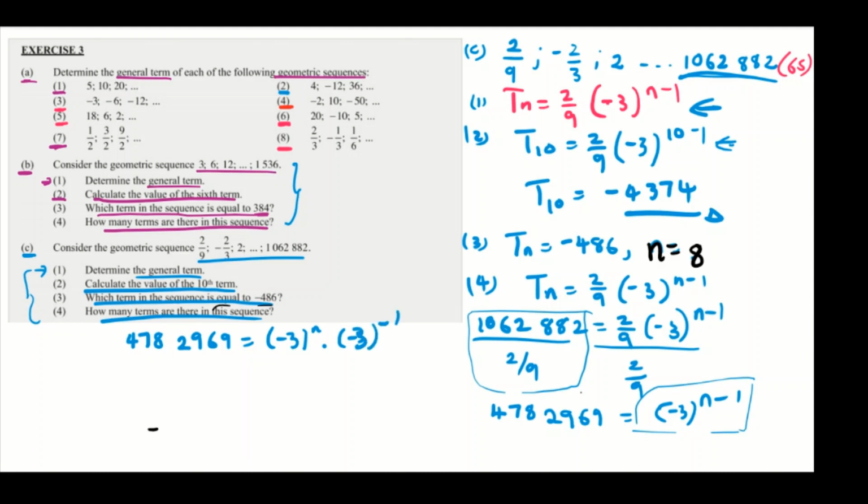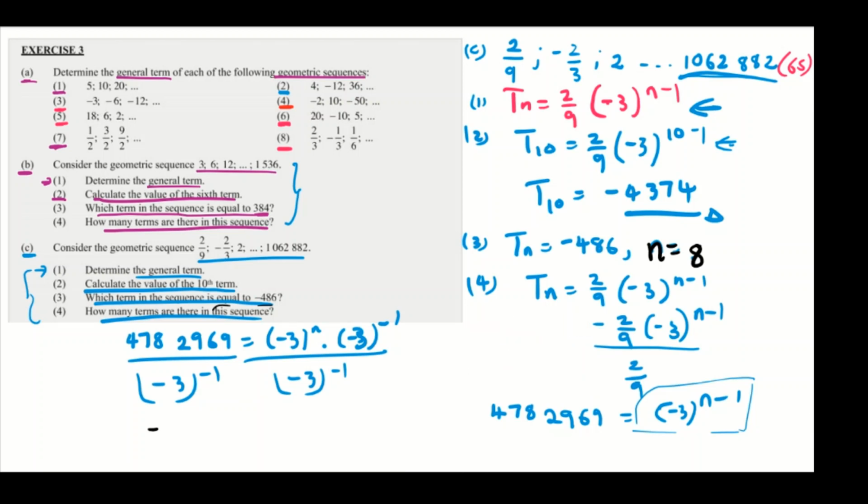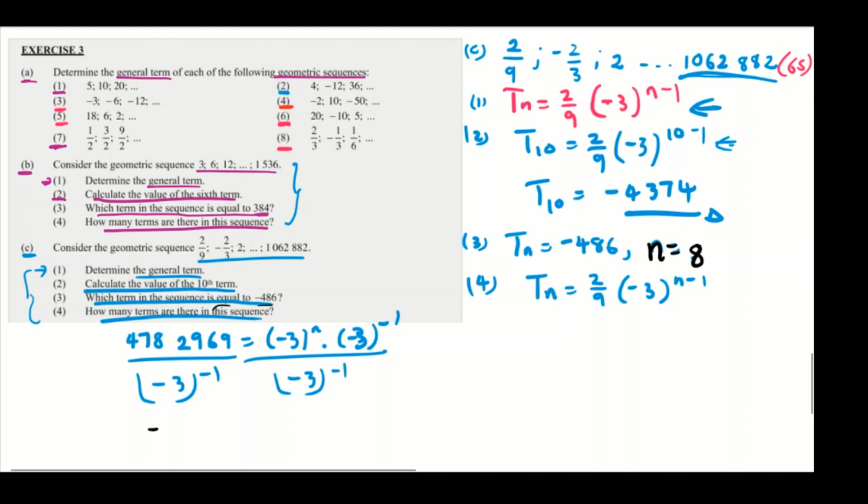So you can divide by minus 3 to the power of minus 1, and then this is what you're going to get. So the answer for this part is minus 1438907 equals minus 3 to the power of n.